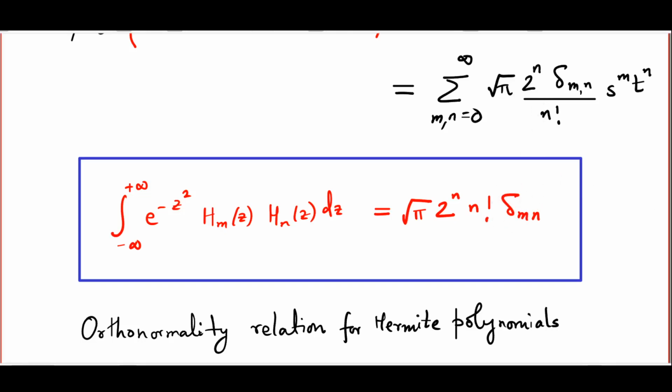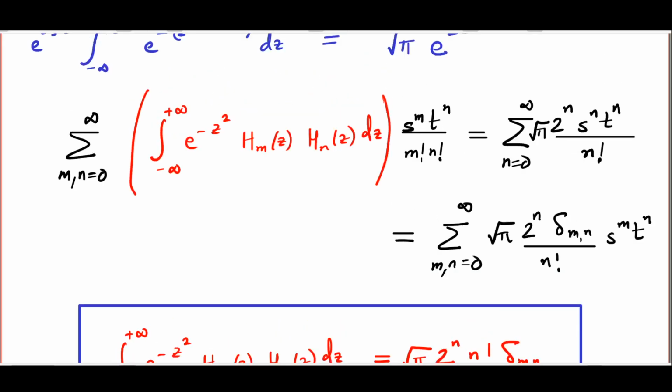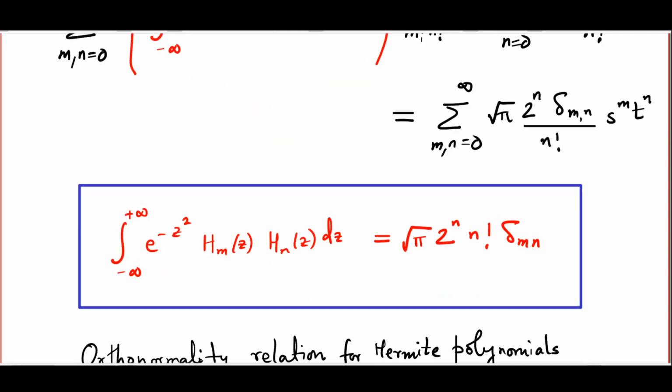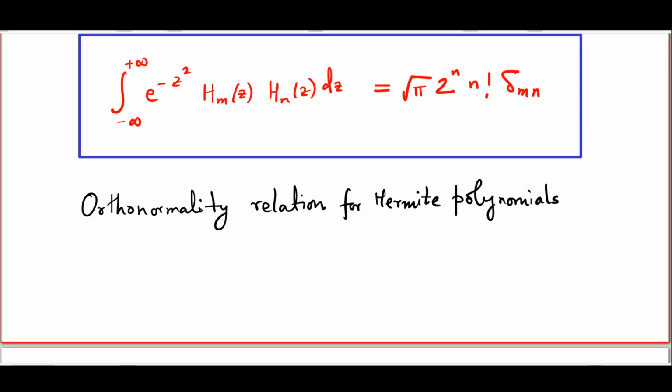And this n factorial simply comes in from the fact that you really had an n factorial square in the denominator for the terms where m and n were equal on the left hand side, and you have a single 1 by n factorial on the right hand side. So you end up with an n factorial in the numerator. So this is the orthogonality relation for Hermite polynomials. In fact, it's more than the orthogonality relation. It's actually the orthonormality relation for Hermite polynomials.